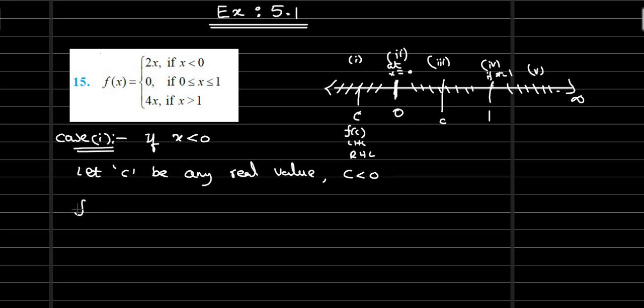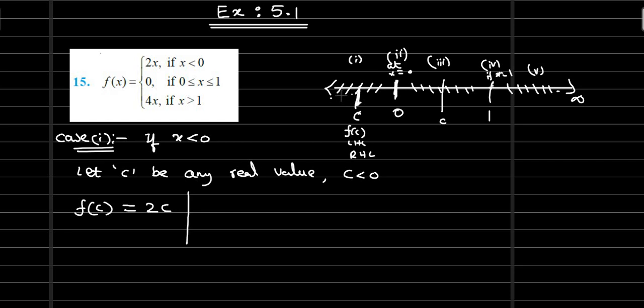First, let's find f of c. If x is exactly c, and c is less than 0, then we have to choose 2x, so f of c is 2c. Here c lies in the interval minus infinity to 0.